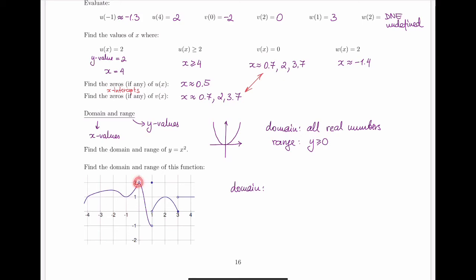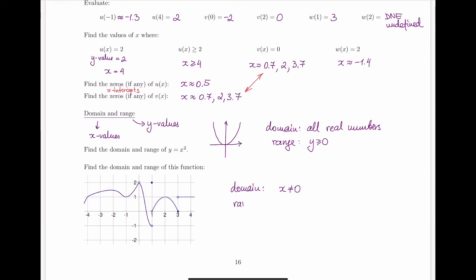At this point here, there's nothing else on this line, which means that at x equals 0, the function is undefined. At x equals 1, there are 2 holes, but there's also a function value defined up there. And at 3, there is a hole, but it's defined down here, which means that the only point that is truly undefined is this point right here, which occurs at x equals 0. So we can say that the domain is all real numbers except for 0, or simply that x is not equal to 0.